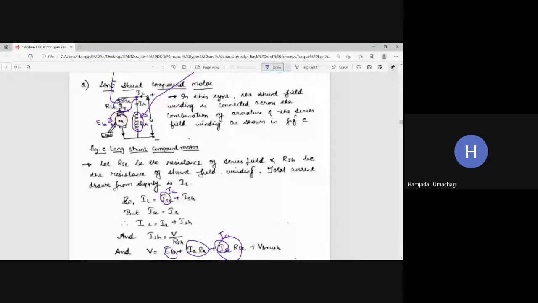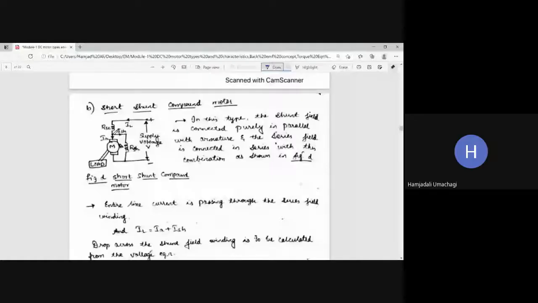If that is the case, then it is called a short shunt DC compound motor. Earlier this connection was connected at this point where you had included the armature along with half of the series field winding in parallel. But now I have taken this connection and directly we are going to consider only the shunt field winding in parallel with the armature winding. If that is the case, then it is called a short shunt compound motor.